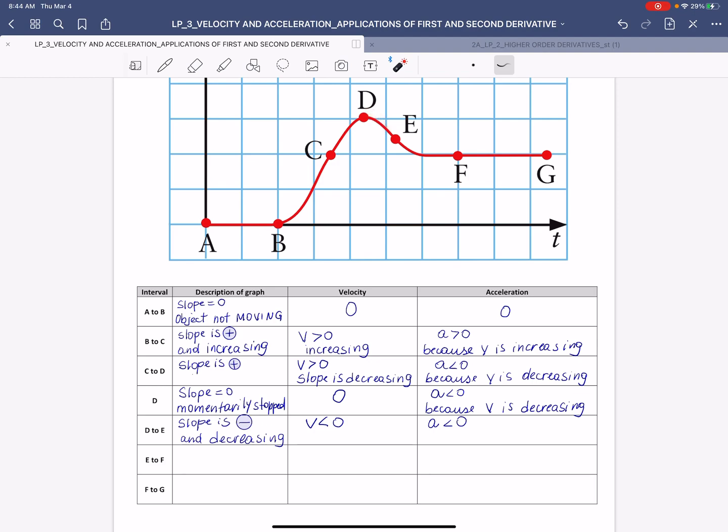So it's negative, but it is also becoming even more negative. The next interval is from E to F. And from E to F, you can see again that the slope is still negative.